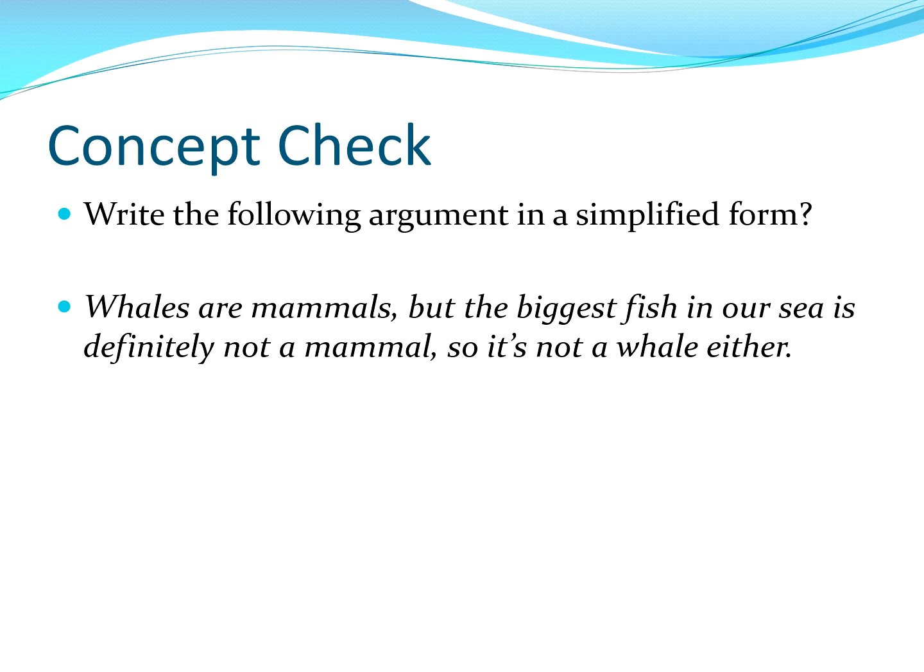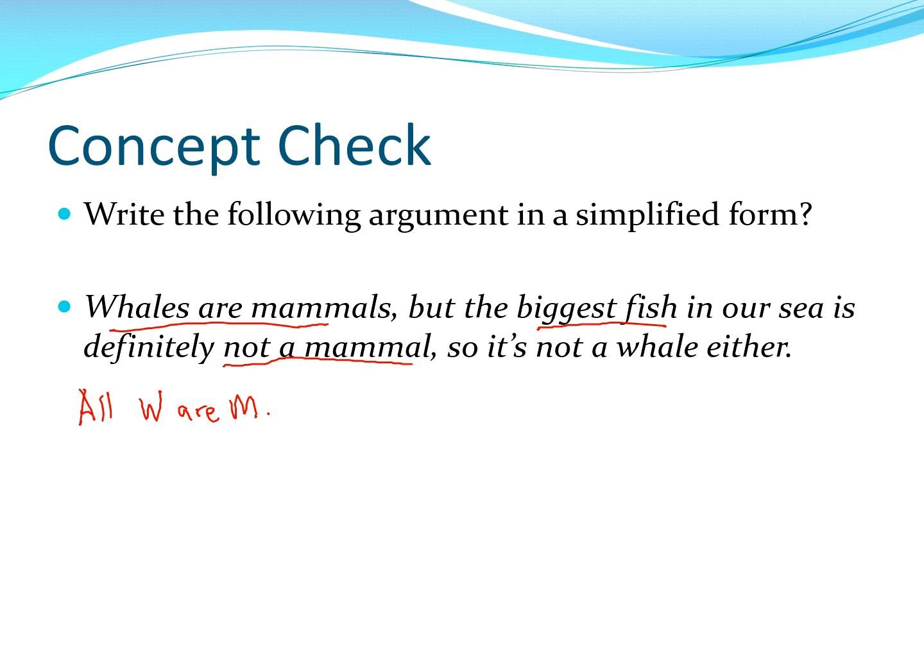Here we have whales are mammals. So we can say that all W are M. And then it says the biggest fish in our sea is definitely not a mammal.